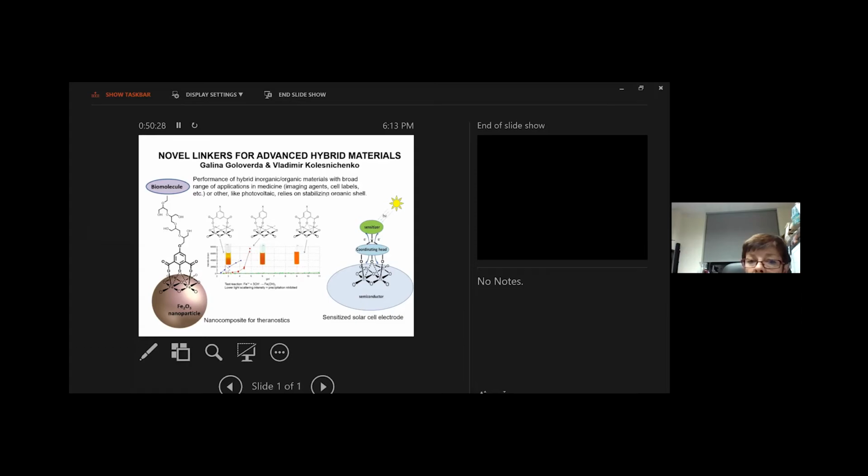You see how this solution separates, right? So it is not going to stabilize that. You can't really see very clearly here, but the solution is turbid here. So stabilization by this molecule is not that great either.